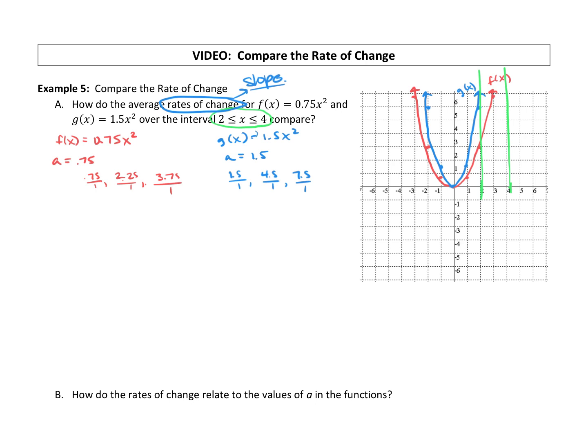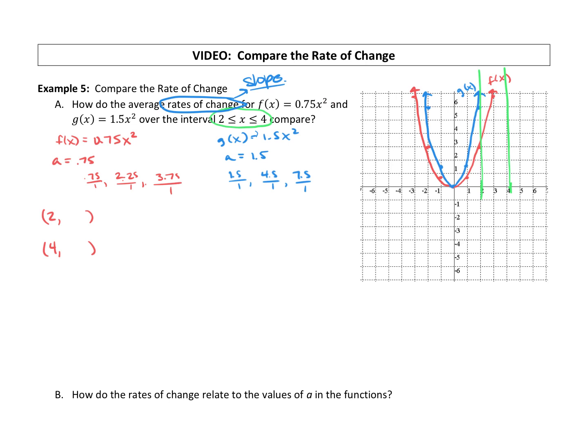Now, when they're telling us that the interval goes from 2 to 4, remember, that's from when x is 2 to when x is 4. So we're going to use that 2 and that 4 as the x values for our function. You guys have in the past just plugged in a 2, plugged in a 4, and gotten the y values.